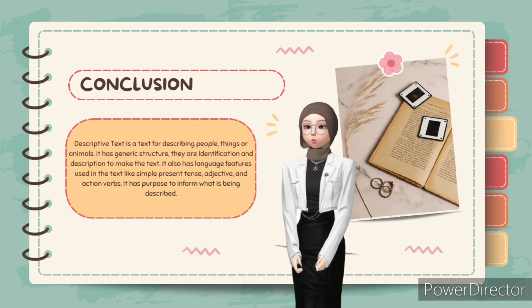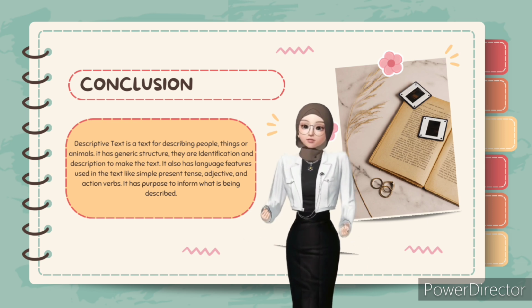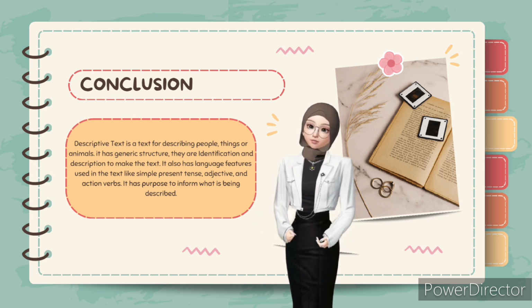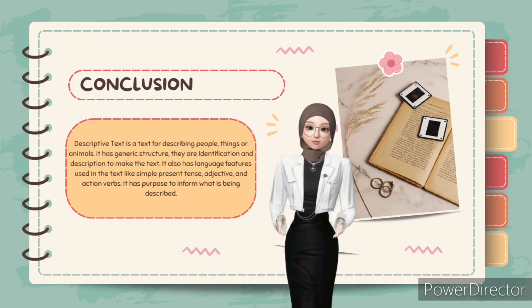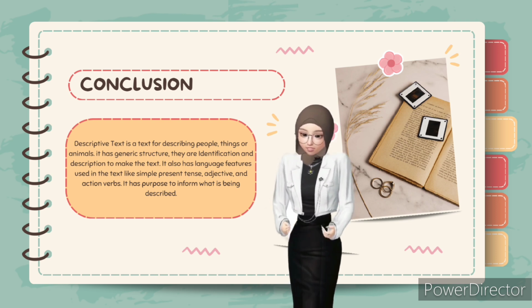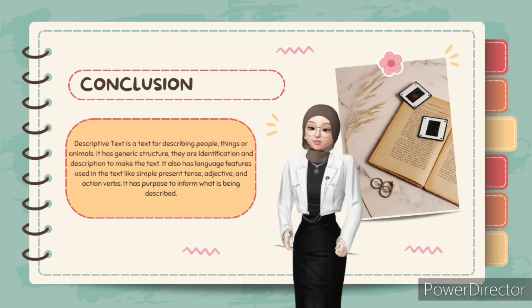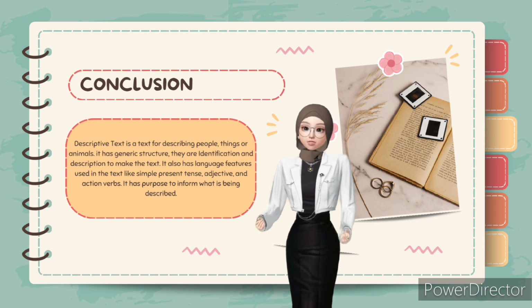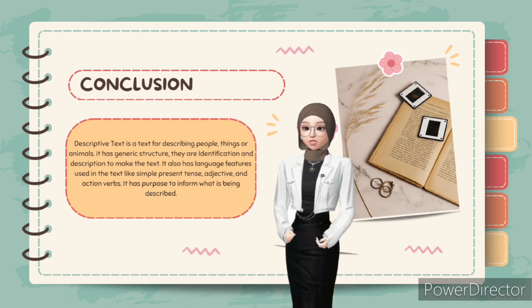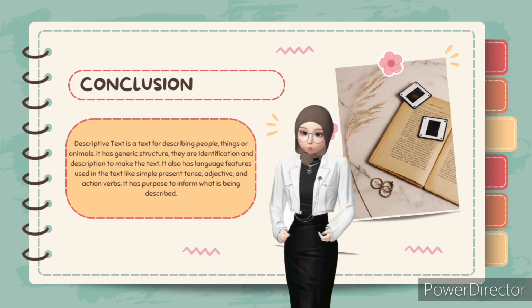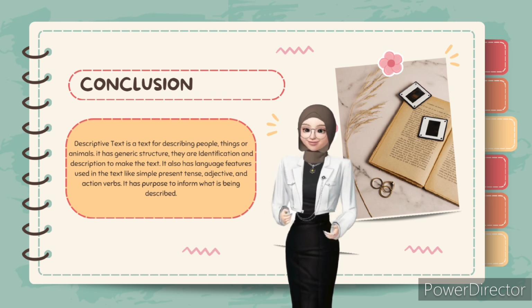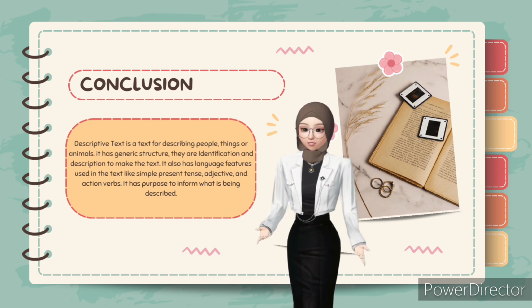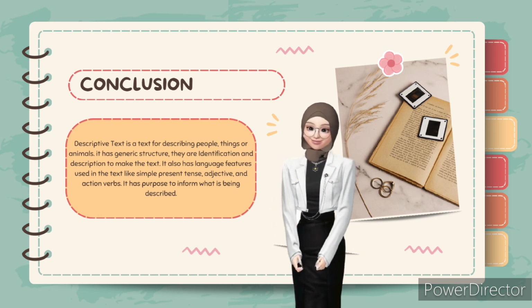Okay, now we're going to the conclusion. The conclusion about what we studied today is about descriptive text, which is a text for describing people, things, or animals. It has a generic structure, identification and description, to make the text.